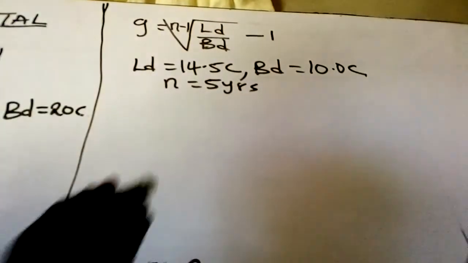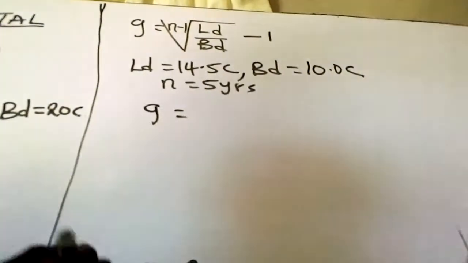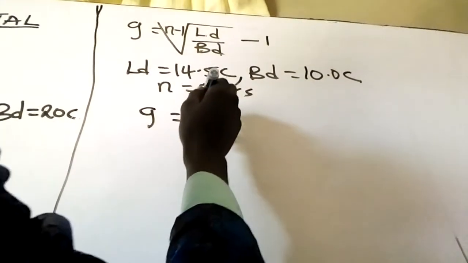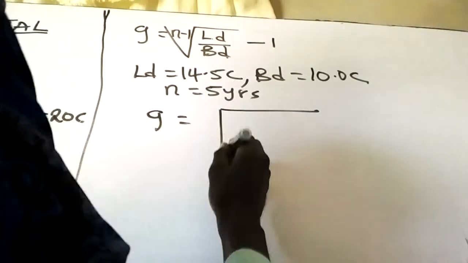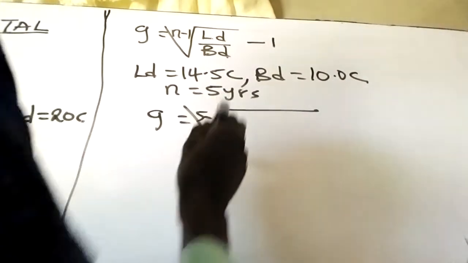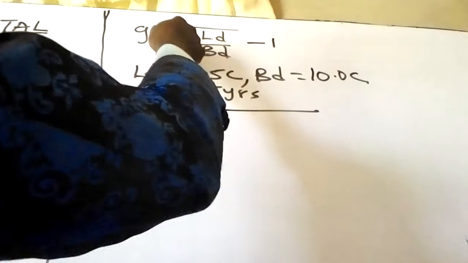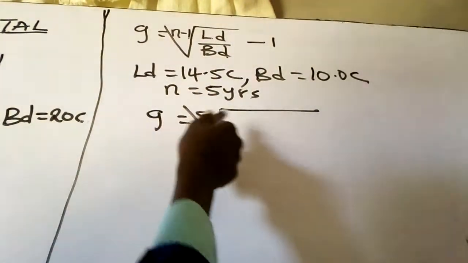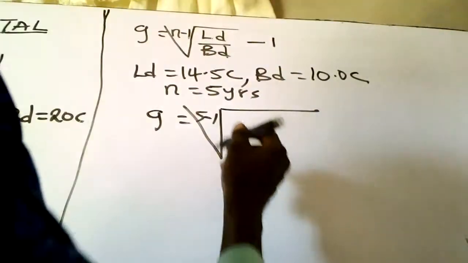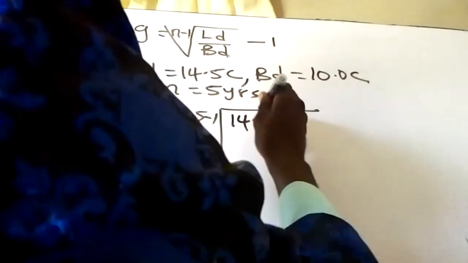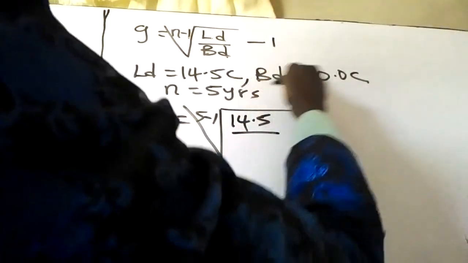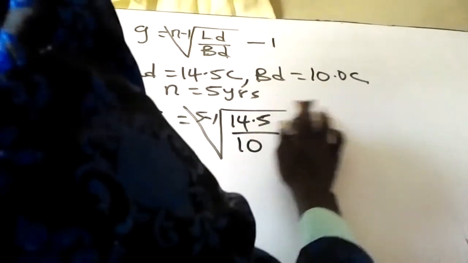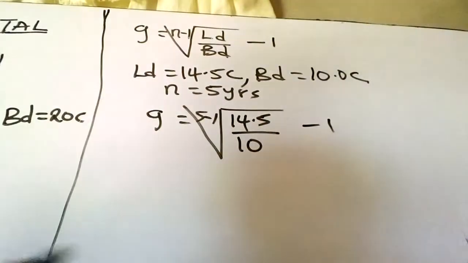So substituting into the above formula, you have G equals the 5 minus 1 root of the latest dividend, which is 14.5, over the base dividend, which is 10, minus 1.